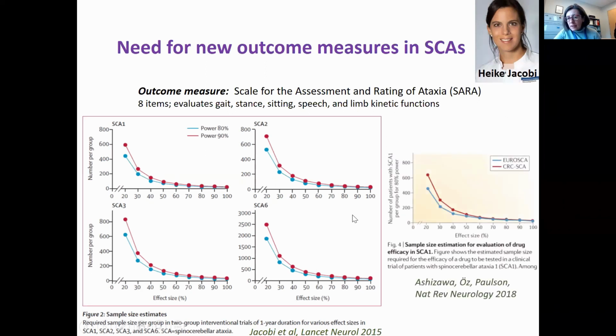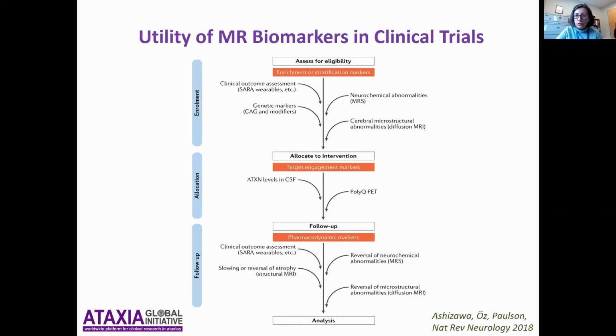And these are data essentially confirming the same kind of conclusion based on a US cohort. And the goal is to supplement these clinical measurements with the MR measures to possibly reduce these sample sizes for clinical trials that would be needed in the future.